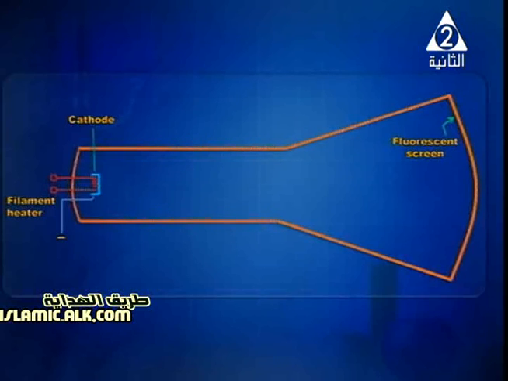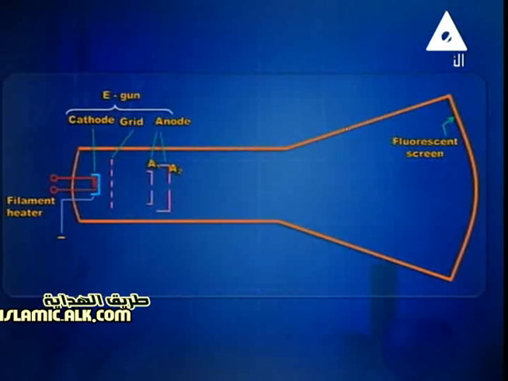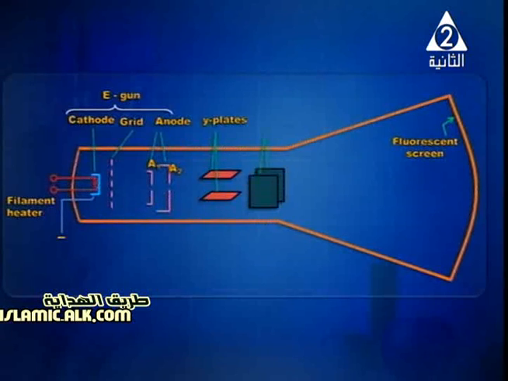It is the grid. And we've got an anode. All of these will form something we call the electron gun. To deflect the electronic beam, the electrons emitted from the filament, we use electric fields produced by vertical plates and horizontal plates. So we've got Y plates and X plates, and I'll mention the function of each one of them right now.